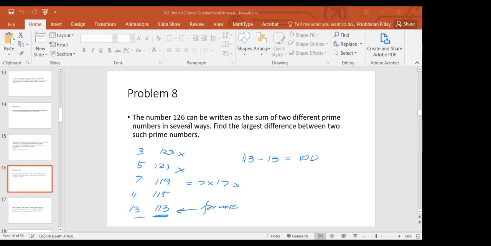Now, there are two interesting things I can say about this particular problem, for your edification. You see, 126 is a sum of two different prime numbers.